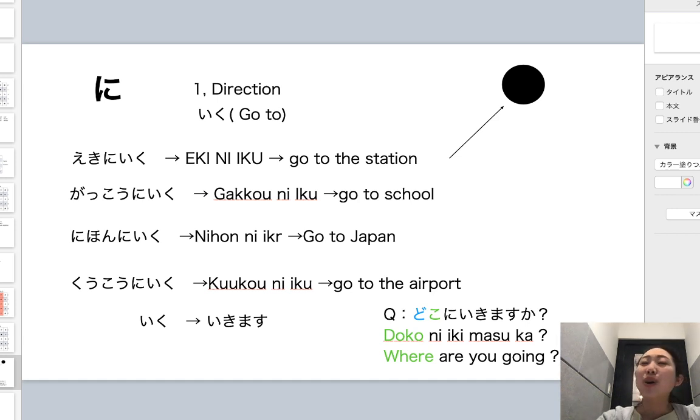We often use them, so I will talk about them next time. Okay, so today is just the dakuon sounds and pop sounds. Okay, and then let's go to the ni functions.